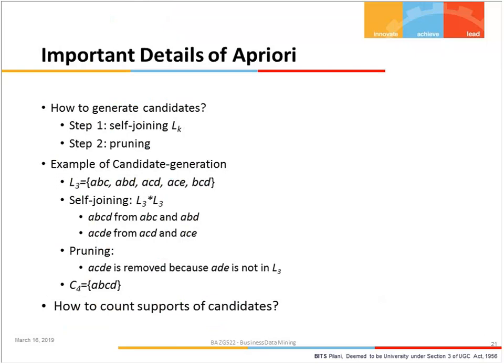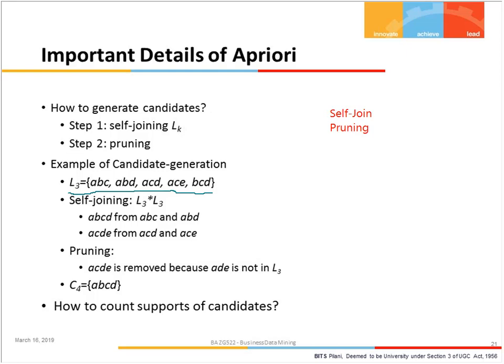So how do we do the self-join? Let us take an example. We have the frequent 3 item sets, which we can refer to as L3.